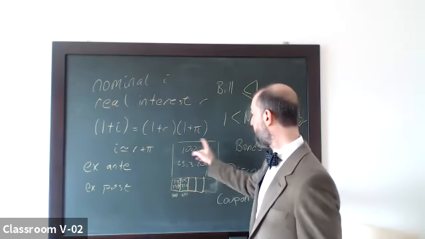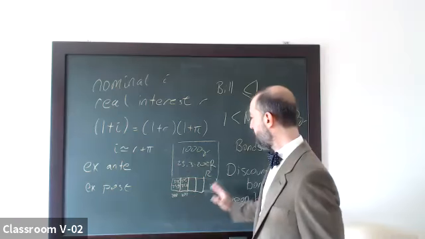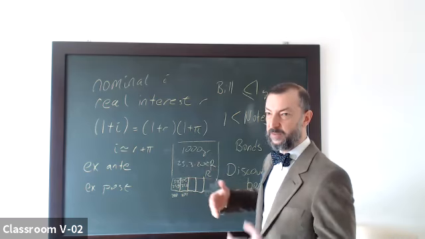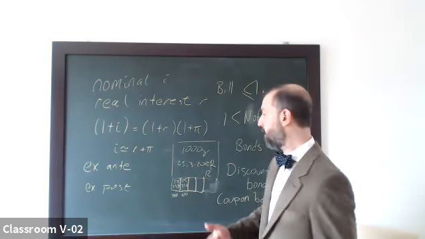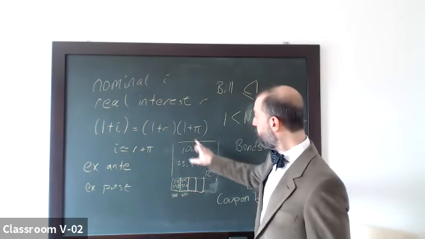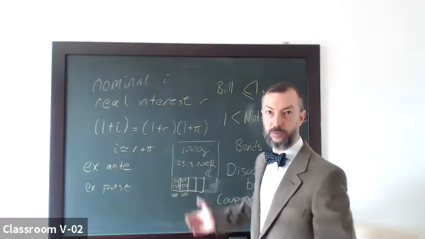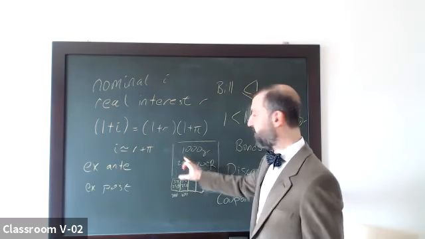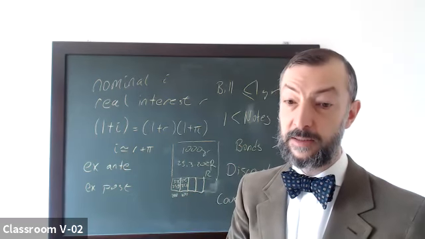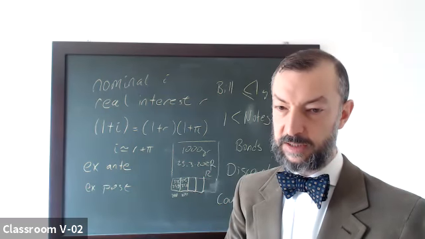It pays 5% of the 1,000 every year, but if you buy this whole thing for 900 liras, the implied total interest is one thing. If you buy it for 800 liras, it's something else. Could you buy this whole thing for more than 1,000 liras? Can the price of the coupon bond be more than the face value? I have yes, I have no. Do I have other takers?